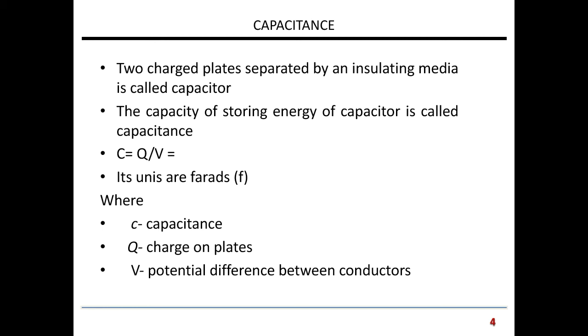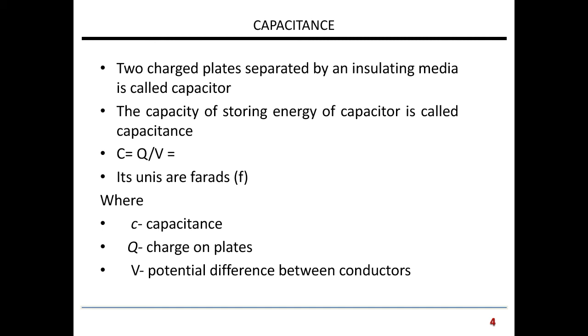The unit for capacitance is farads or coulombs per volt. Both are the same. So the unit is farads, mostly accepted. Here C is the capacitance of the capacitor and Q is the charge on the plates.